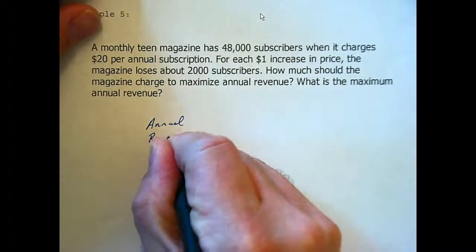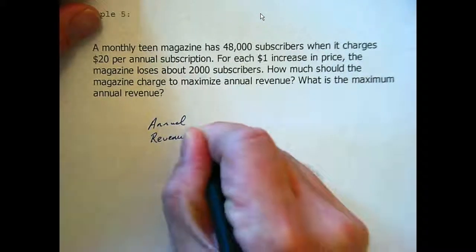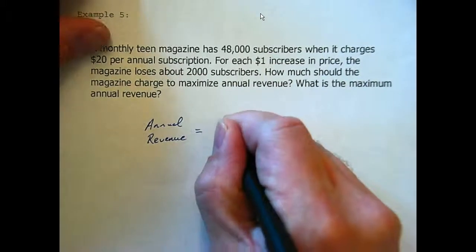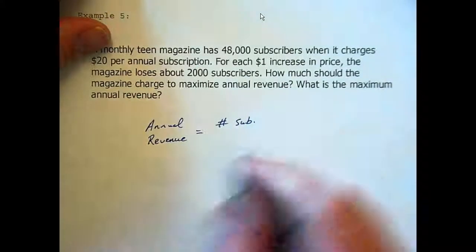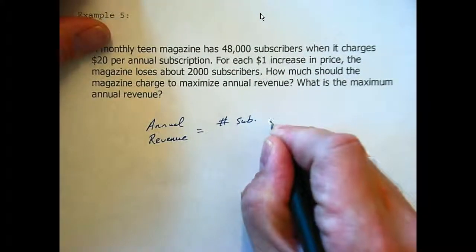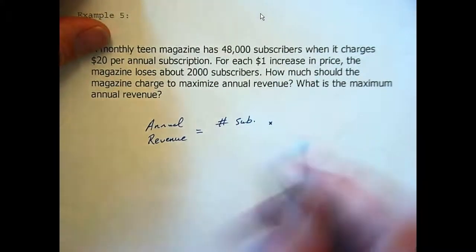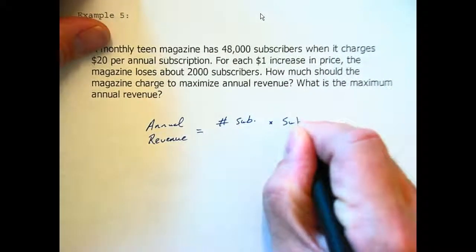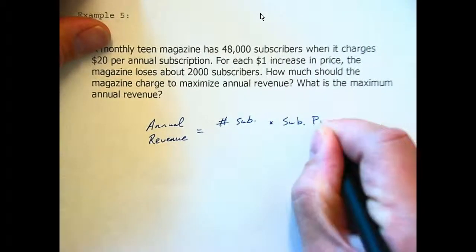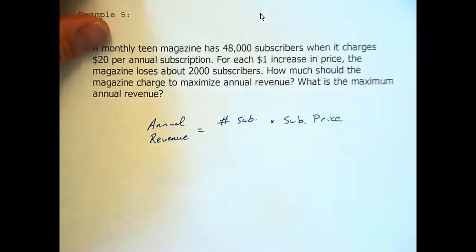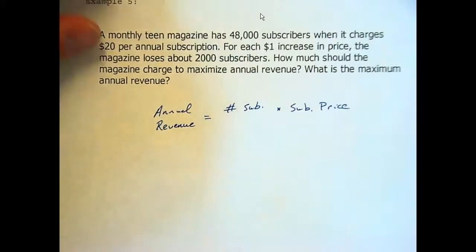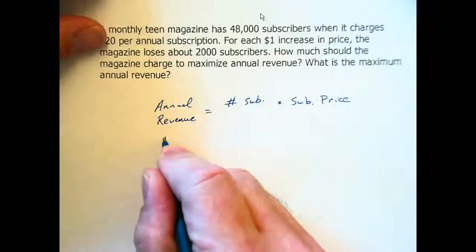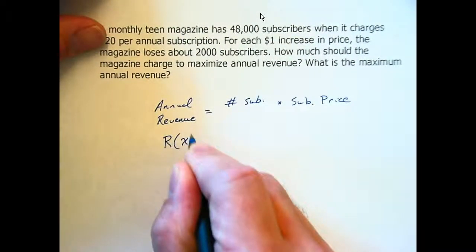Annual revenue is equal to the number of subscriptions times what? The price. All right, so if we use that kind of verbal model to do this, we could say our revenue is a function of our price x.